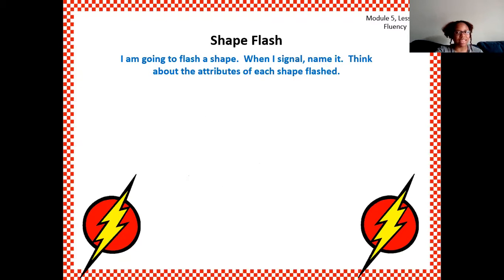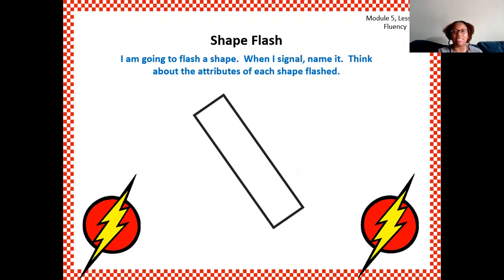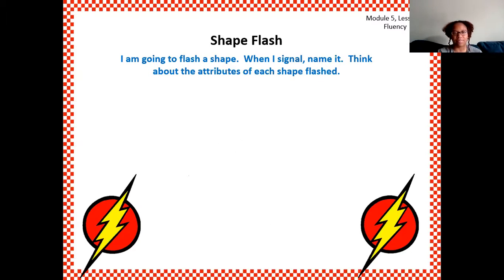Remember, I gave you a hint. If you said it was a hexagon, you're correct because that shape had 6 sides. And this is our last one. It was a rectangle.